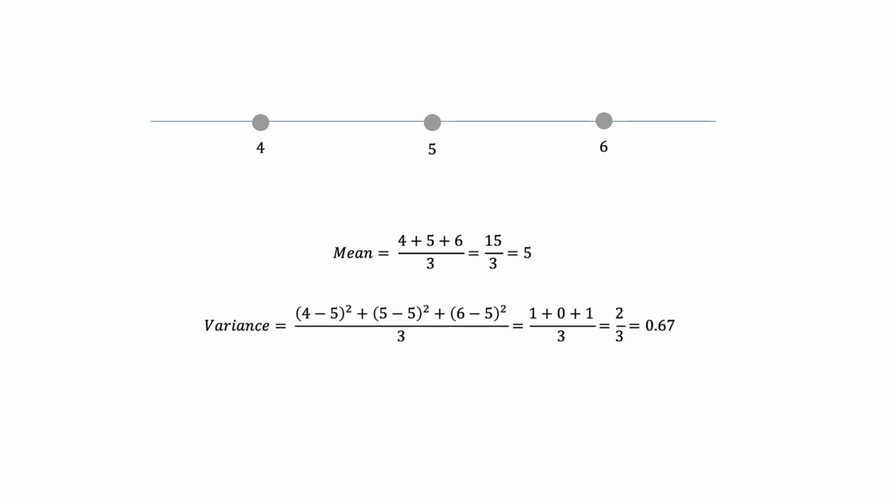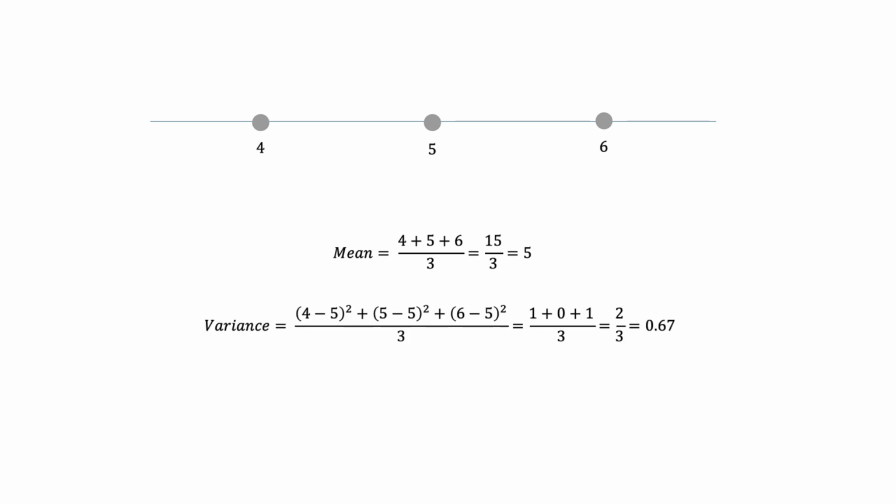as shown. And if I wanted to take the mean of this, it would simply be the summation of 4 plus 5 plus 6 divided by 3, and that would be 15 divided by 3, and that would equal 5. And then once I know the mean, I can then compute the variance here, right?